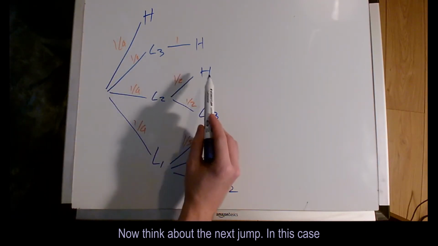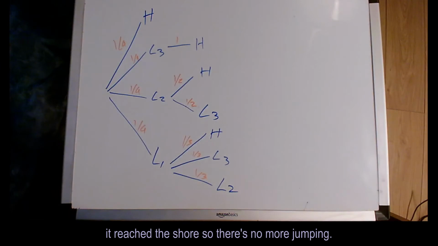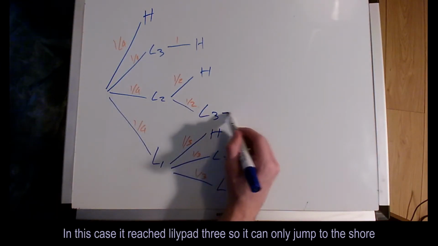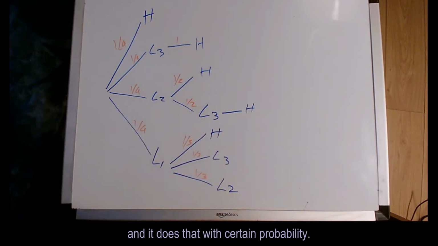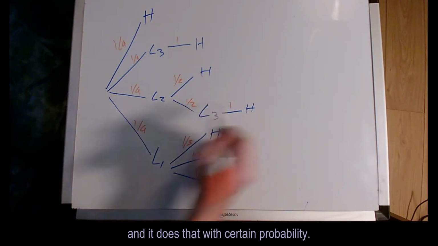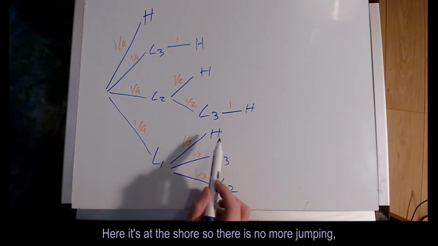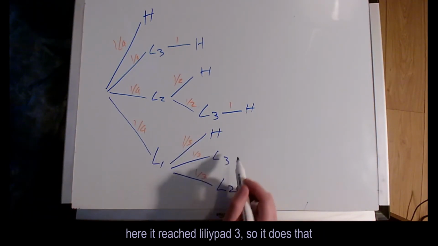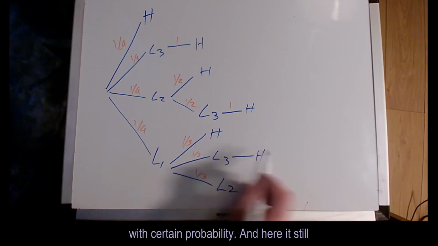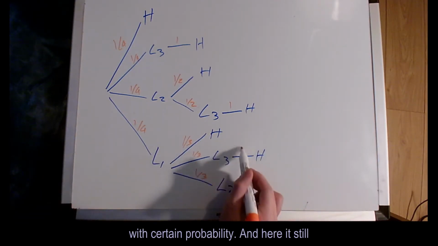Now think about the next jump. In this case, it reached the shore, so there's no more jumping. In this case, it reached lily pad 3, so it can only jump to the shore. And it does that with certain probability. Here, it's at the shore, so there's no more jumping. Here, it reached lily pad 3, so it does that with certain probability.